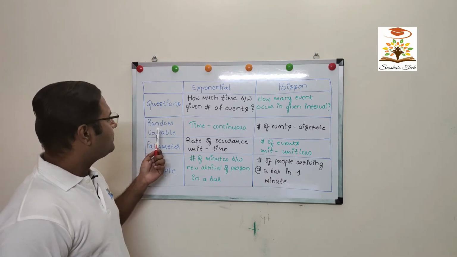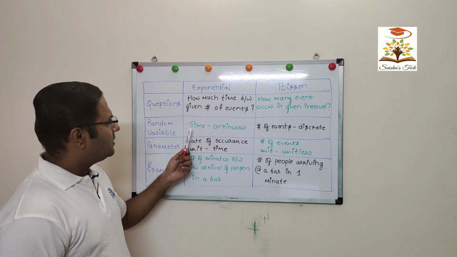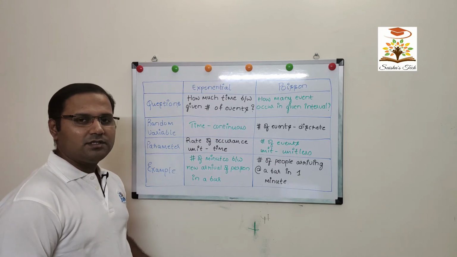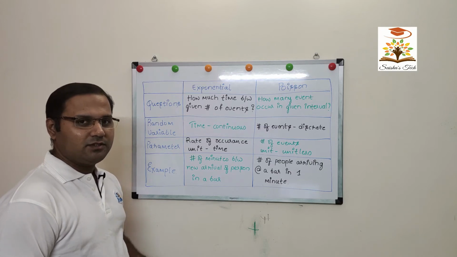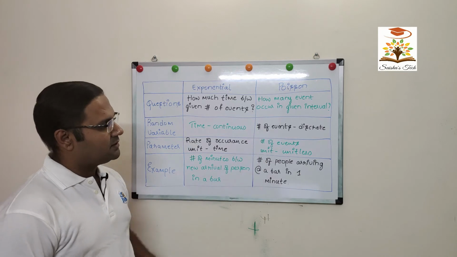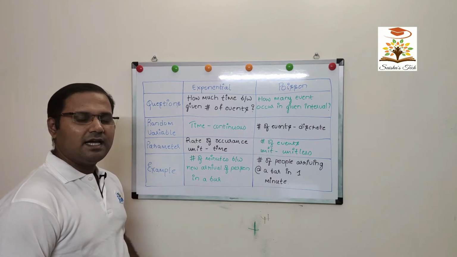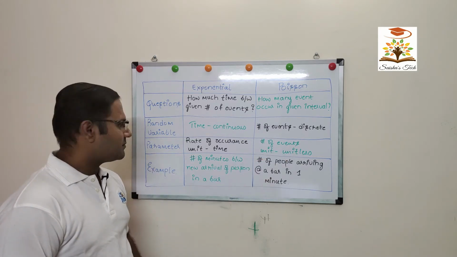The random variables used in exponential and Poisson's distribution are here: time, which is a continuous variable because it can take 2.3 seconds, 2.4 seconds and so on. In Poisson's distribution, it is the number of events. The number of events cannot be a decimal value, they are integers, hence it is discrete.